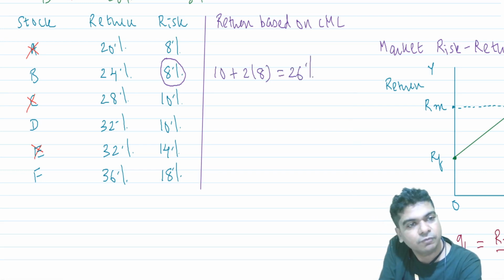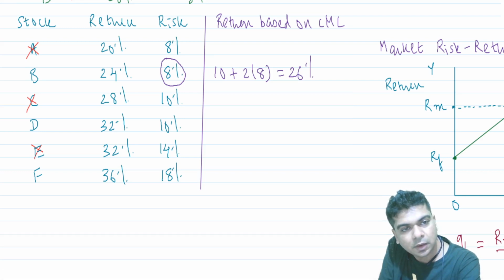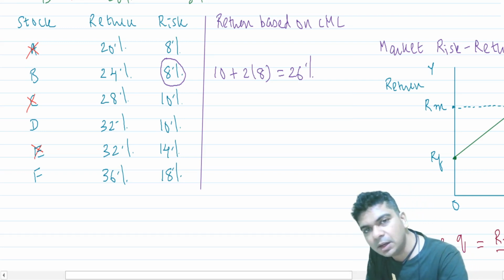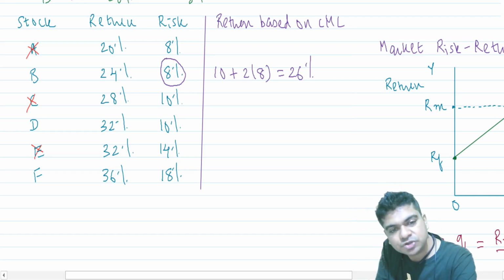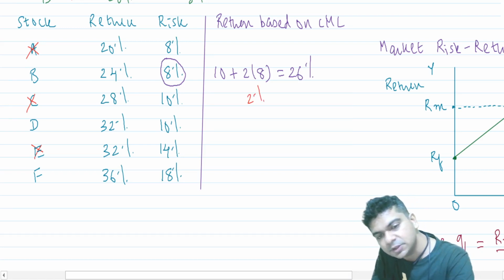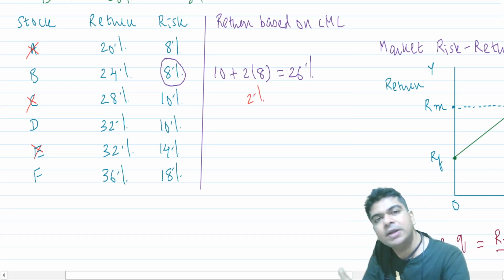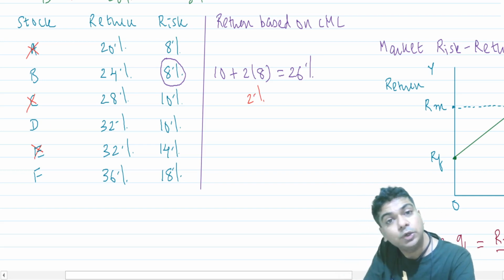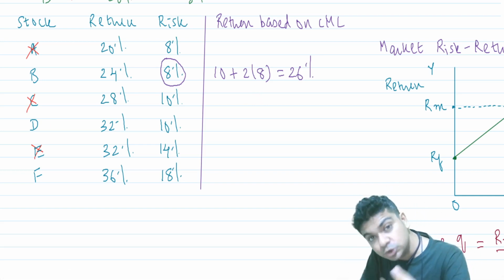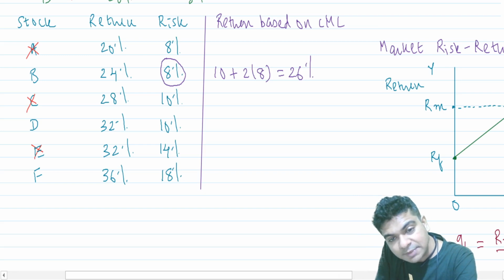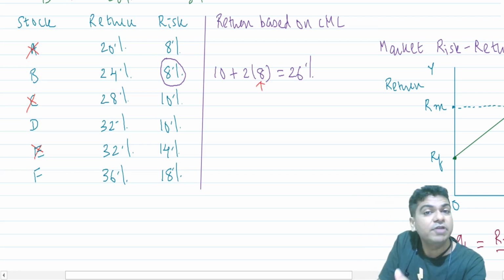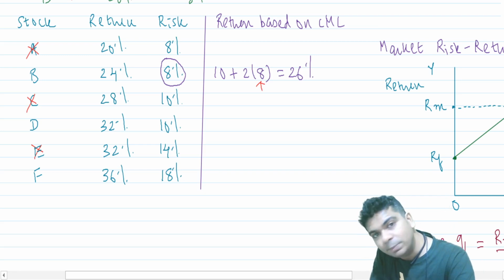Again, I repeat for you. What do you say? The slope of CML is showing the market risk return trade-off of 2%, right? That means for every 1% risk, you are demanding 2% return. So that is what I'm saying here, that my risk is 8. And for every 1% risk, I want 2% return.